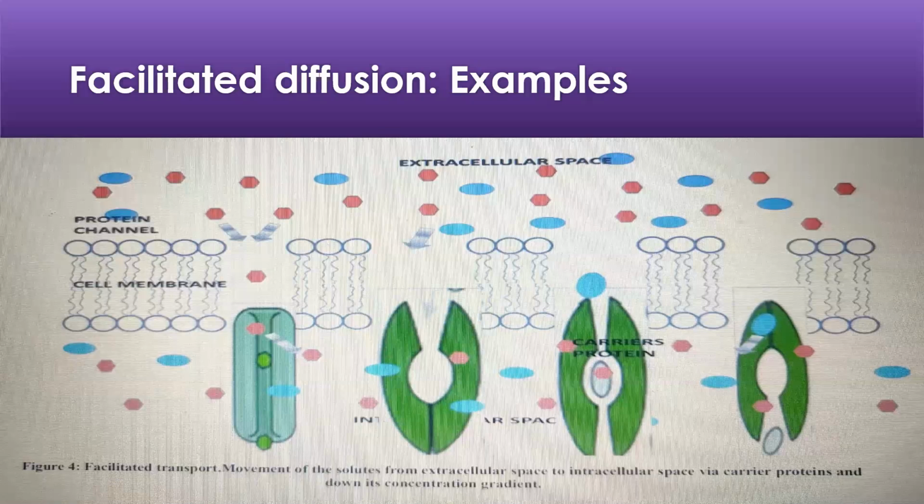Mammalian erythrocytes have these types of channel proteins, involved in facilitated diffusion, which takes glucose from the extracellular space into the intracellular space. These proteins involved in glucose transportation we call glucose transporters, glucose permeases, or D-hexose permeases.